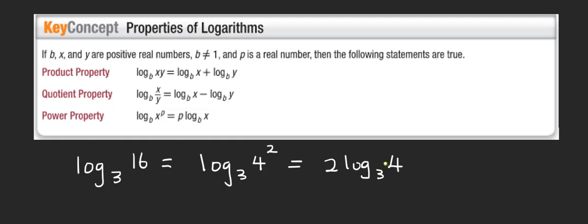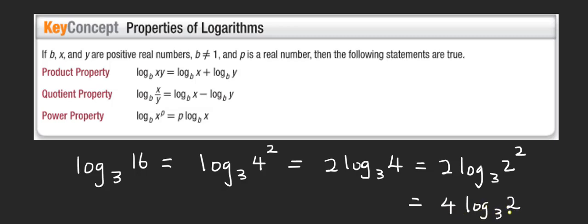What about 4? You could rewrite it as 2 squared, right? Again, that power 2 can go in front of it, and 2 times 2 is going to be 4. So it will be 4 times log base 3 of 2. So this is the same thing as log base 3 of 16.